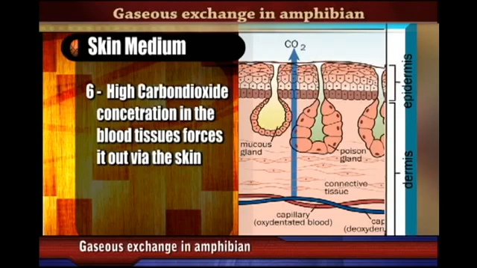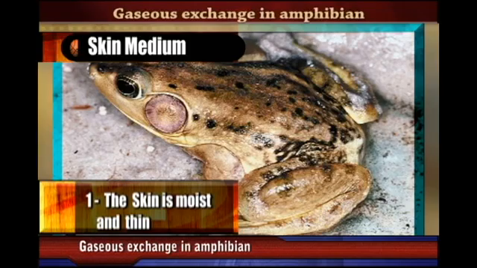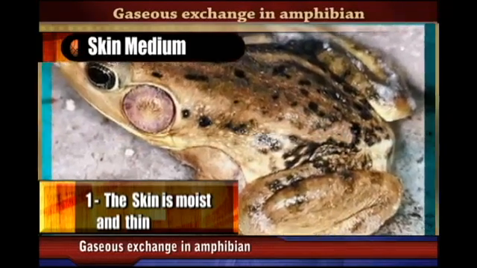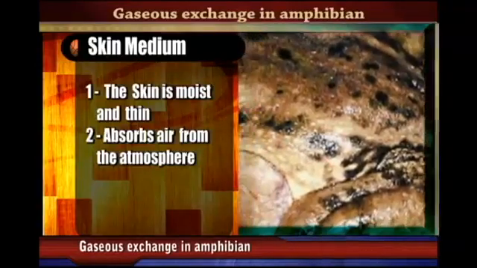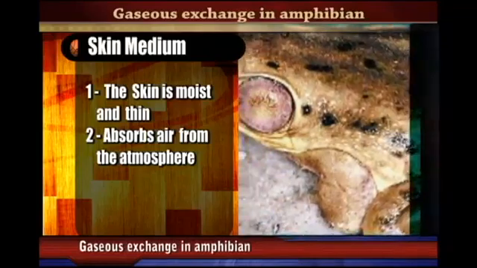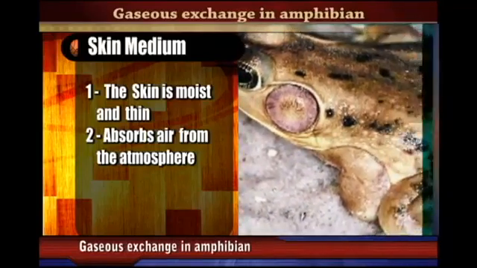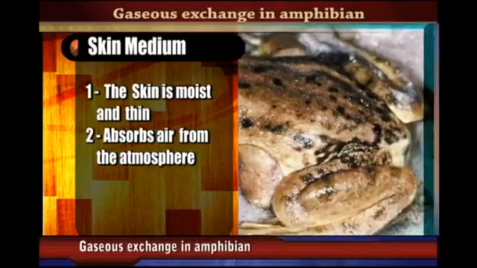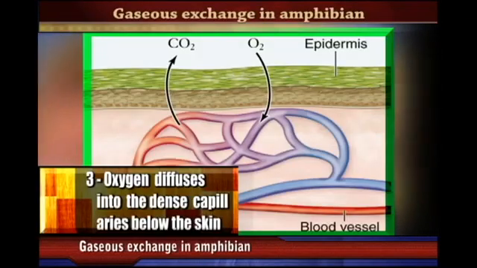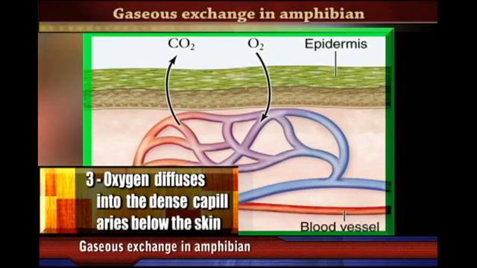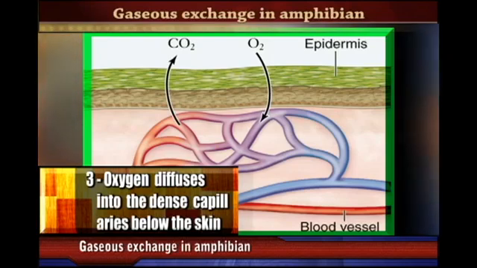We'll say that the amphibians have got a moist and thin skin. And because of the moisture on the skin surface, oxygen easily dissolves in the moisture, and because of the thin surface, it diffuses into the blood network capillaries below the skin.